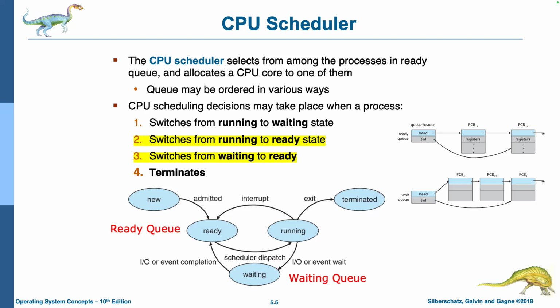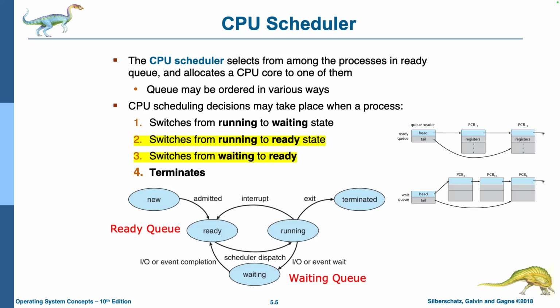How about the first one, running to waiting? Can we do scheduling? No, because we don't know when the IO happens. We cannot predict the future. When an IO event comes, read or write files, it goes to waiting. It doesn't need scheduling. It naturally happens. We don't need the scheduler.